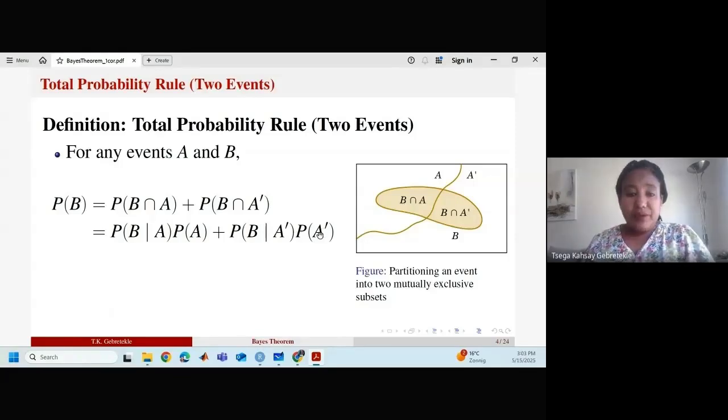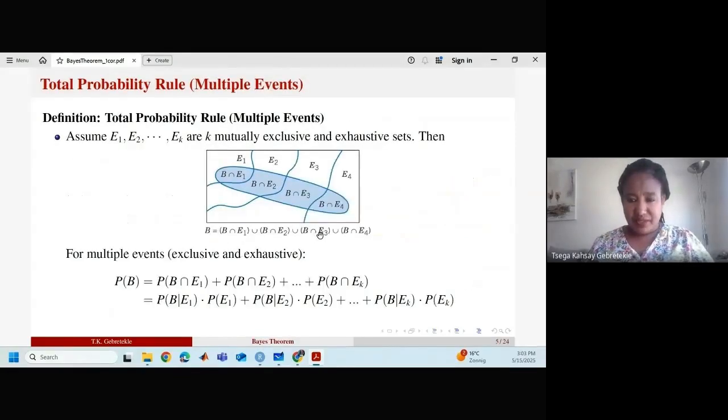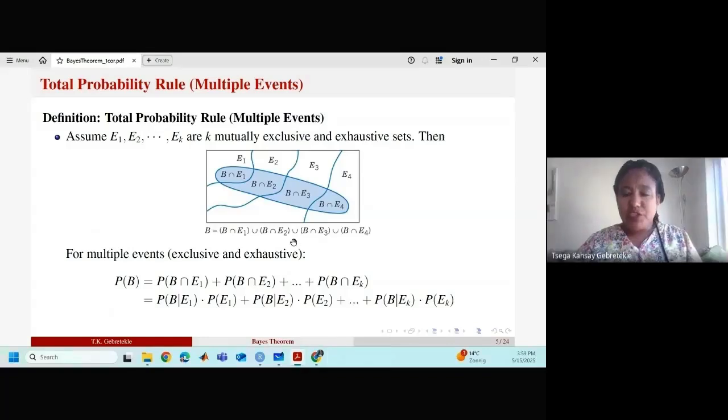Okay, what if we have multiple events? Assume we have events E1, E2 up to EK, which are K mutually exclusive and exhaustive sets, and B is partitioned into these mutually exclusive and exhaustive events. So what will be the probability of B?